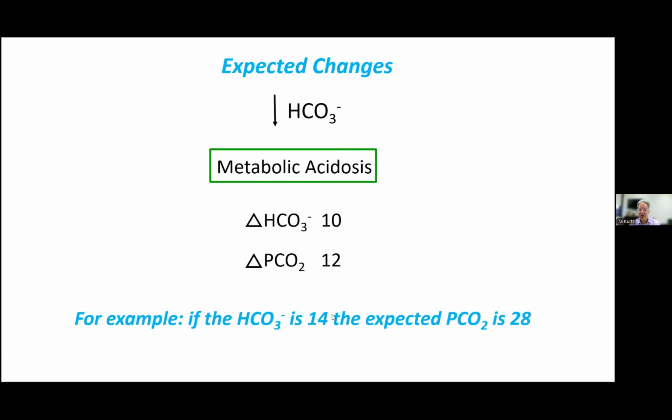And if you don't know it, then you have to either assume population norms, which again in a male would be 24 and 40, or you have to know what this particular patient was when they didn't have an acid-base disorder. Maybe their starting bicarbonate was 23, in which case this fell by 9. So you don't really know for sure the deltas. So it's an estimate always, unless you know what your particular patient was before this happened.